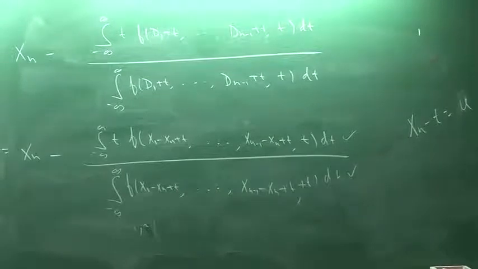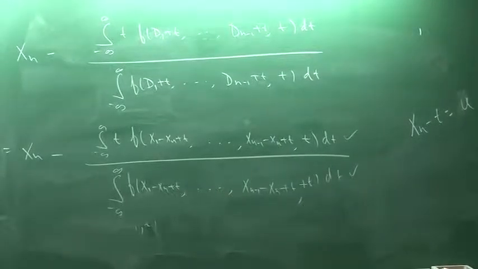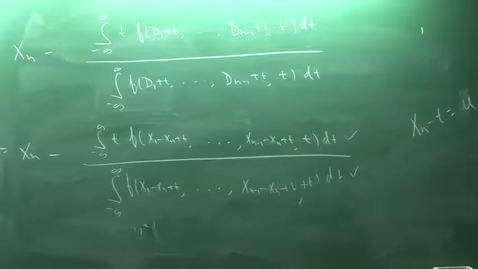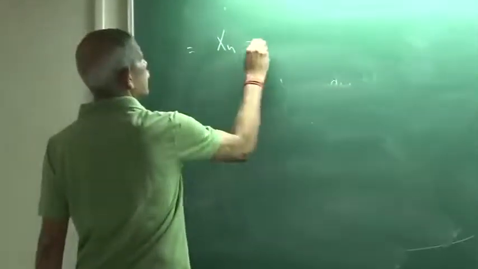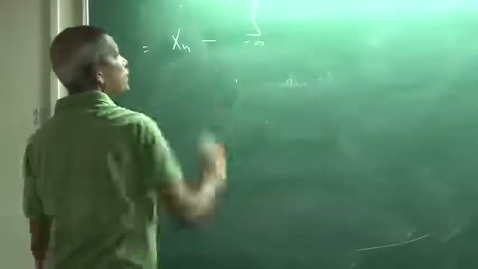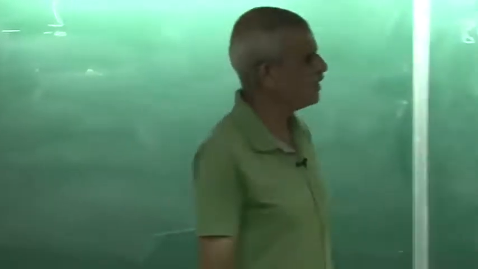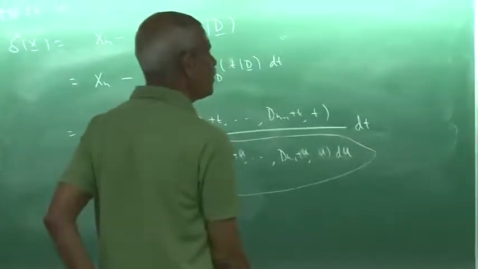So I make the transformation xn minus t as u, this becomes xn minus infinity to infinity. The Jacobian everything would be 1, so t is nothing but xn minus u.